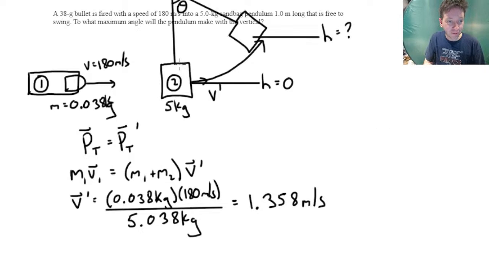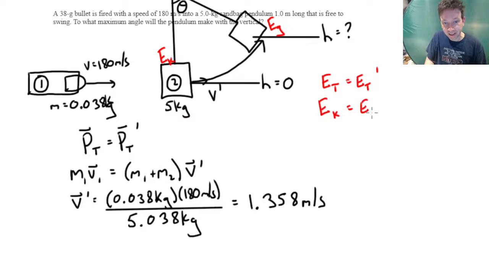We go from kinetic energy up to gravitational energy. So energy conservation, ET equals ET prime. Kinetic is 1/2 mv squared, and gravitational is mgh prime.